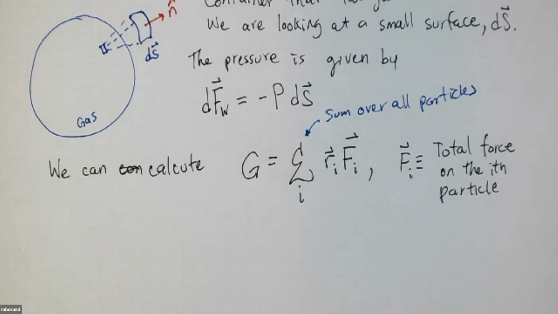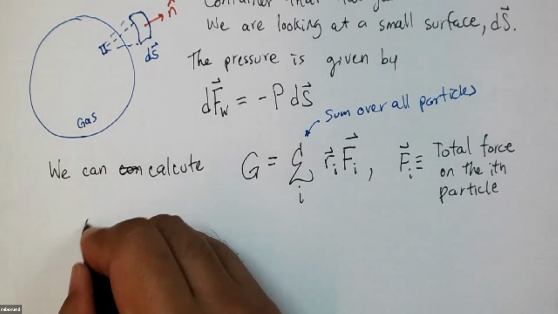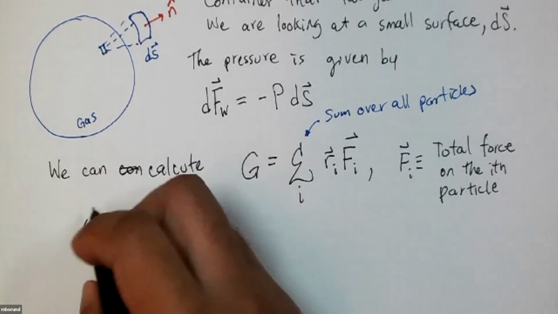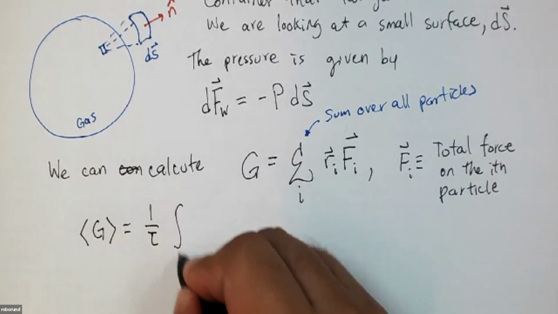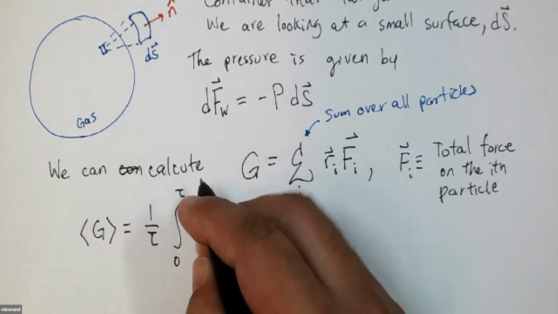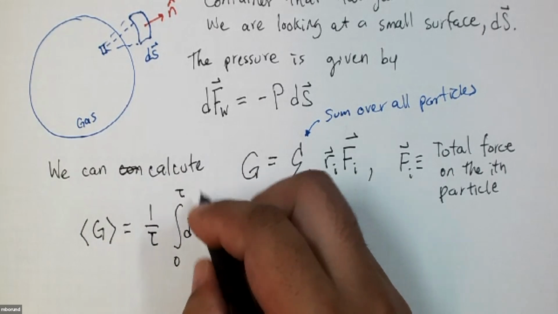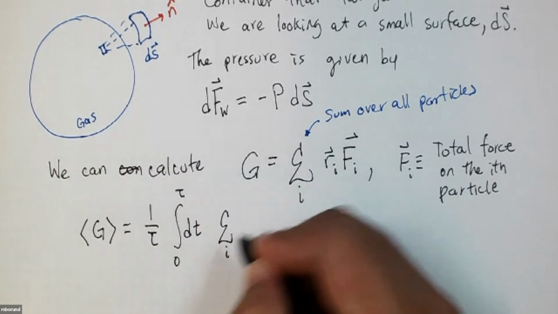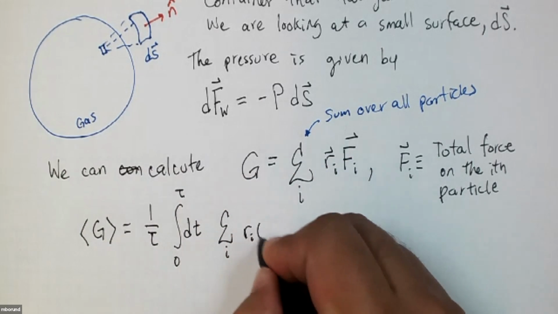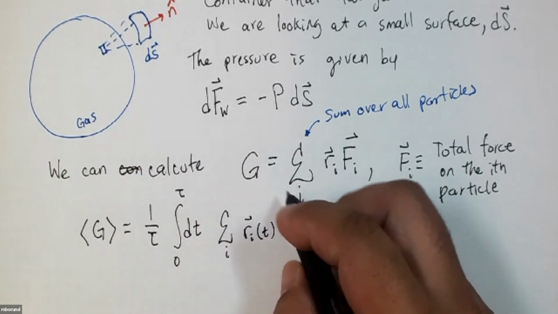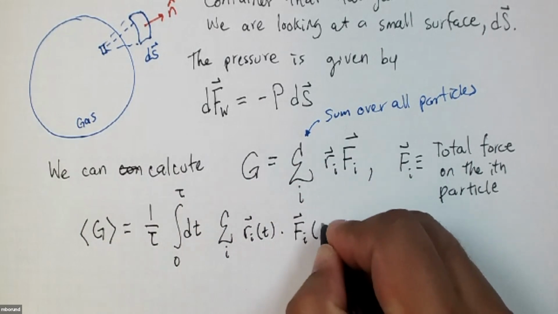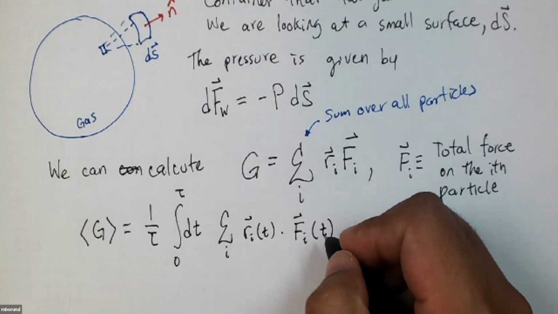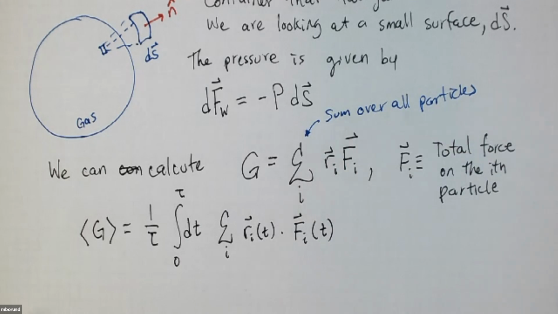In this case, with our molecular dynamics, we set up the system and we let it evolve over time so that the average of that G quantity is given to us by 1 over tau, the integral from 0 to tau of the time steps, and then the sum over i of Ri that depends on time, dotted with Fi that also depends on time. Questions?